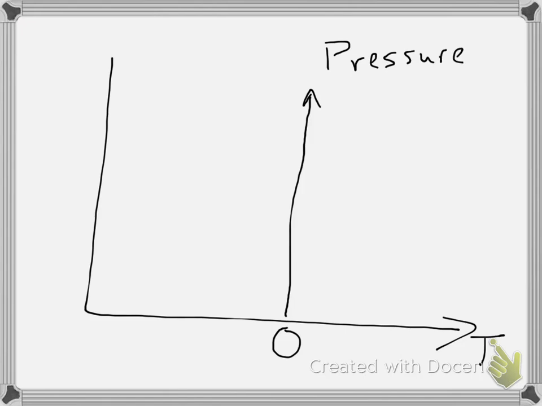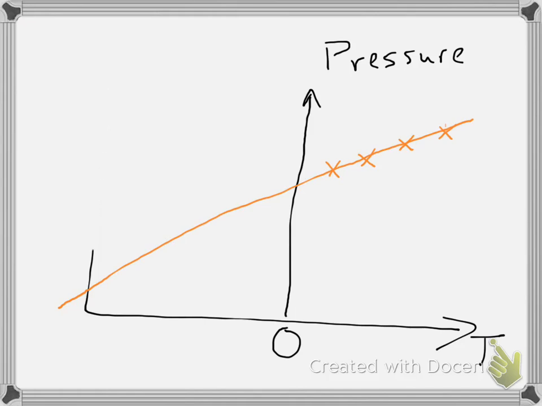As I look at different gases, I change the pressure inside each gas and then take a temperature measurement. I might get something like this, and I get a trend line that runs back this way. I should probably extend this backwards some. So my trend line hits my x-axis right here.